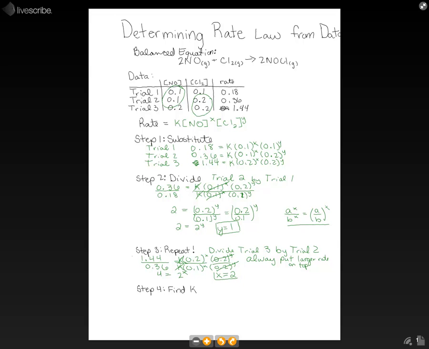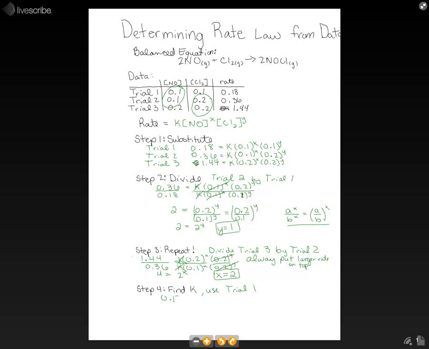So now we know what our x and y values are, and we simply need to go back and solve for our k value. This is fairly simple because we just need to plug all of our information into one of the trials. And the easiest trial for us to use is going to be trial 1, because we have 0.1 for both of our concentrations.